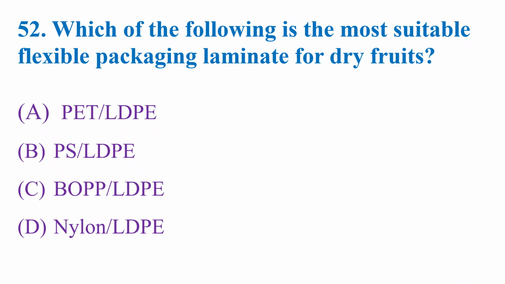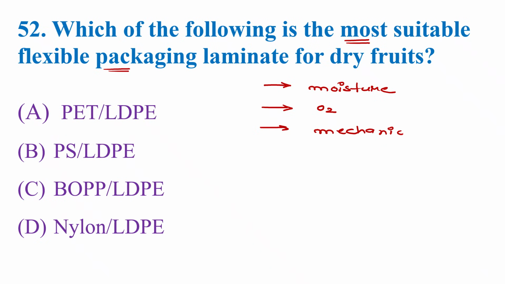Suitable flexible packaging laminate for dry fruits. The laminate for dry fruits should protect from moisture, it should protect from oxygen, it should have good mechanical strength, it should be flexible.